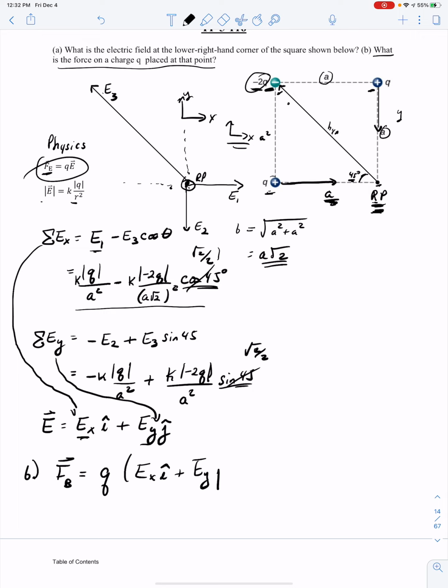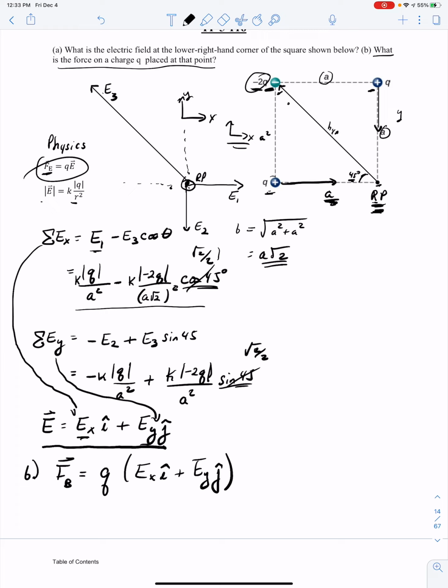Because of our unit vector notation, we have the x and y components of the electric field, so we also get the x and y components of the force, and we can analyze the magnitude and direction of that force as well.